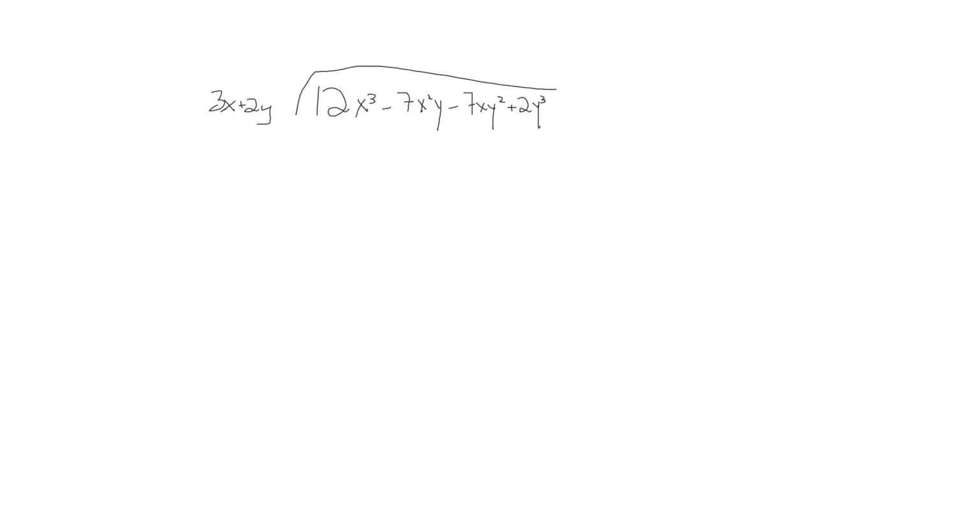So I'm going to look at the first two terms, and put my answer, what I'm going to multiply it by, over the second term. I'm really concentrating on getting rid of this first term. So 3x needs to be multiplied by what to give me 12x cubed? 3 times 4 will give me 12.